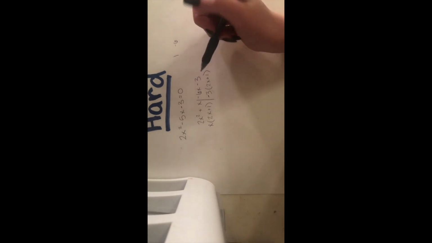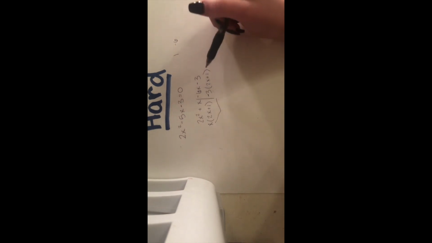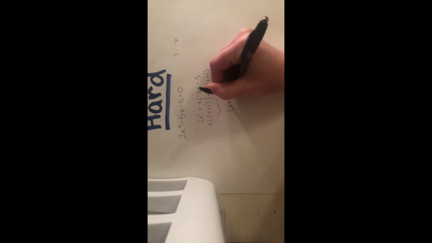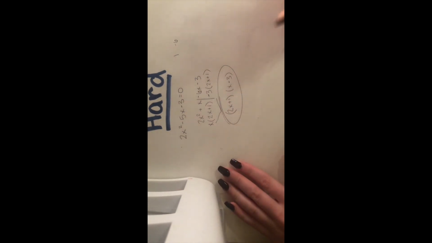Then you will just combine these, and since these two are the same, which is good, you will make it 2x plus 1, and then x minus 3 for that one, and that will be your answer.